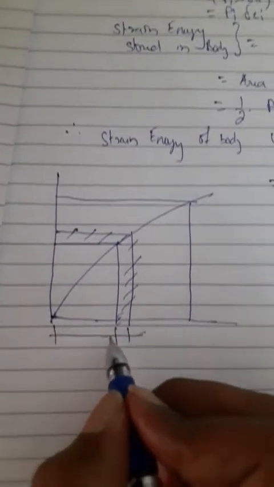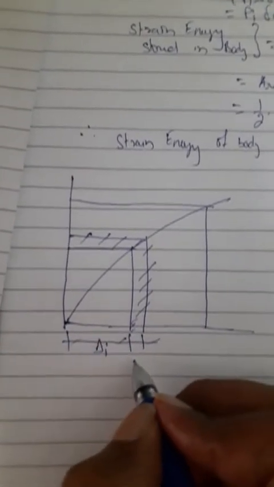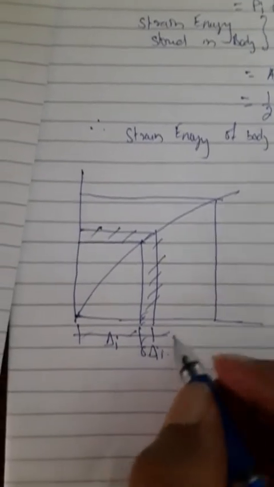Let this be delta I, deformation at element I. This is d of delta theta I. Let this be pi, load at element I. This is delta of pi, differential of pi.